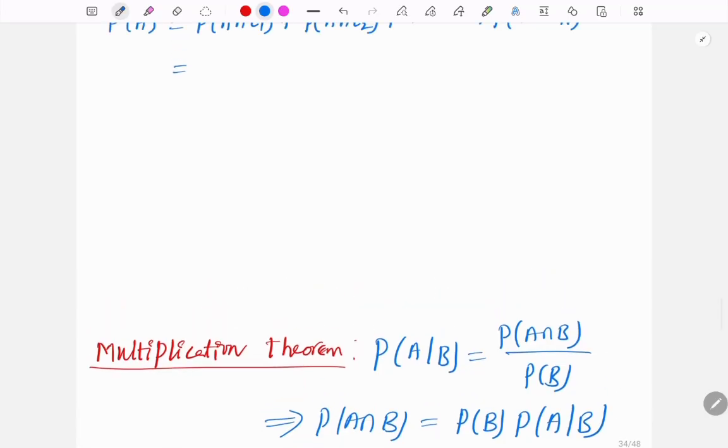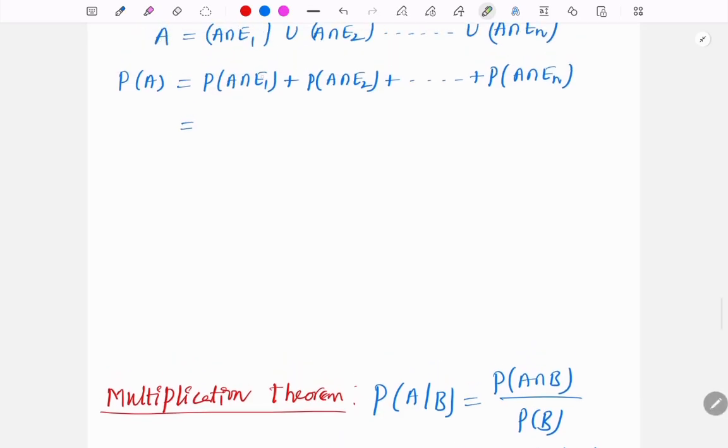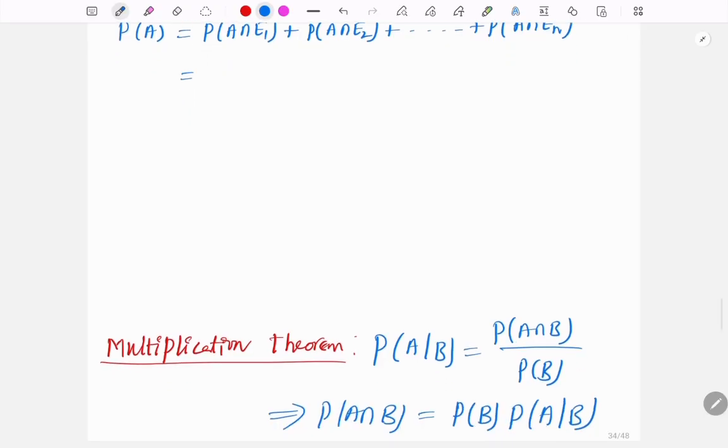Like this. Now observe. Now what do we have? Now we have this intersection part, right? Now what does this mean here? E1 has occurred. Now how to write this one? By using the multiplication theorem, we can write, tell me, first, by using this one, first occurred, right? P of E1 into P of A given E1.